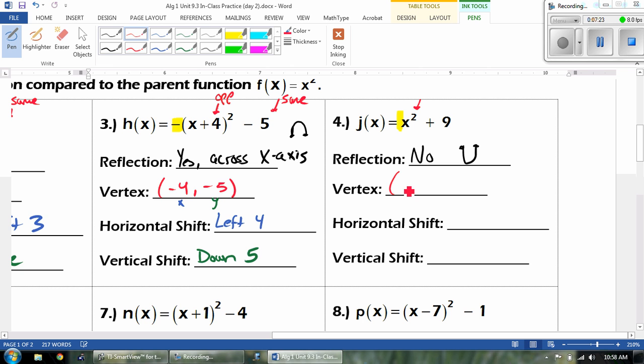Well, since there's nothing inside parentheses, that's going to be my 0, and this stays the same. So is there a vertical shift or a horizontal shift? Nope, none. It stays right at 0. And then I'm going to take the y, which is positive, so that means we're going to go, not right, Mr. Grice. Vertical is up and down, so we're going to go up 9.